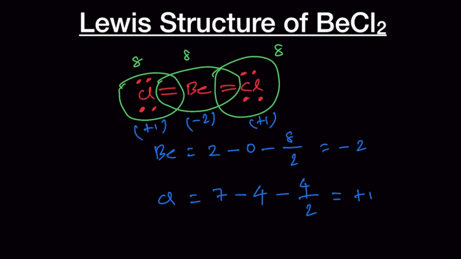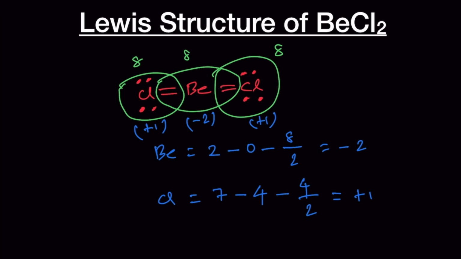Even though the net charge is 0, we still cannot take this structure as the best Lewis structure, because for electronegative atoms we should not have a positive charge. Here, chlorine is the electronegative atom. Putting a formal charge of plus 1 on it is not a valid Lewis structure.